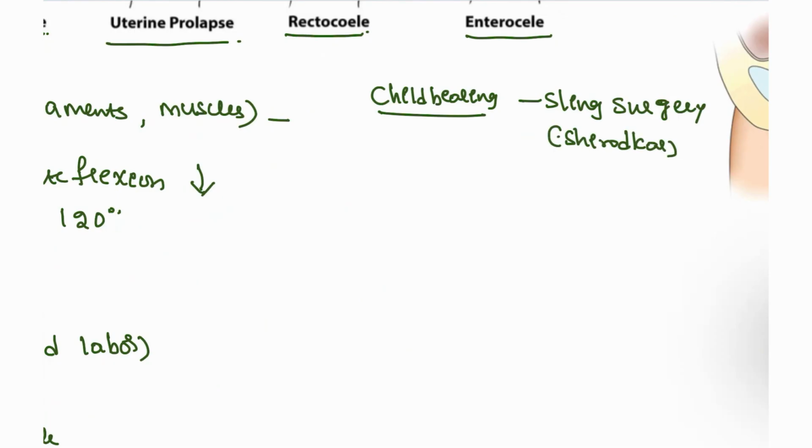Next, those in the reproductive age who don't need any future family planning, but are still in the reproductive age, for this we are going to proceed with Fothergill surgery. Those who are in menopause, then we can go for hysterectomy.